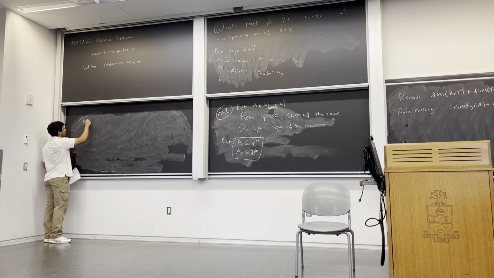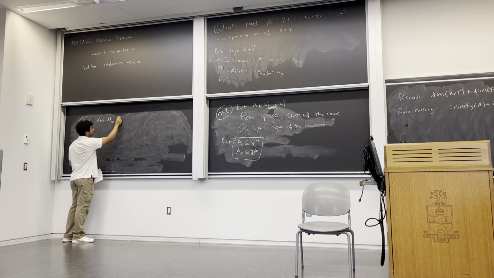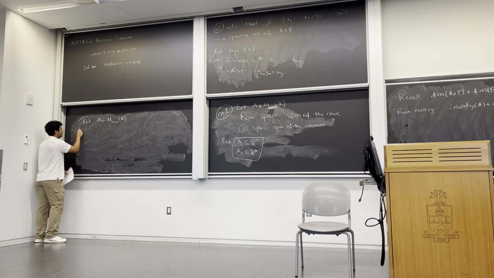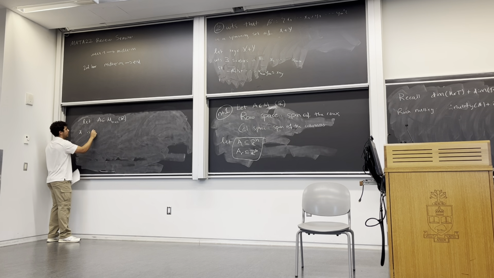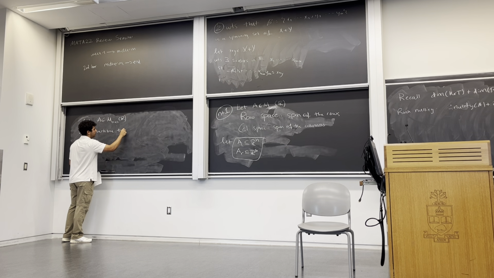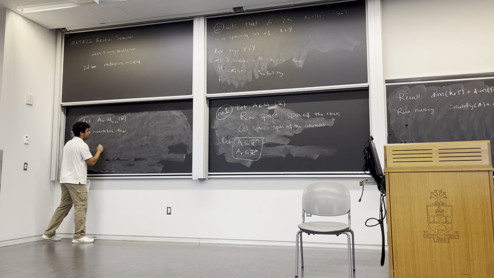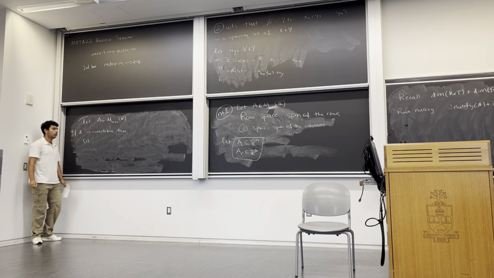Okay, so let A be in M_{n×n}(R). A is invertible. Then, if A is invertible, what's the first thing?